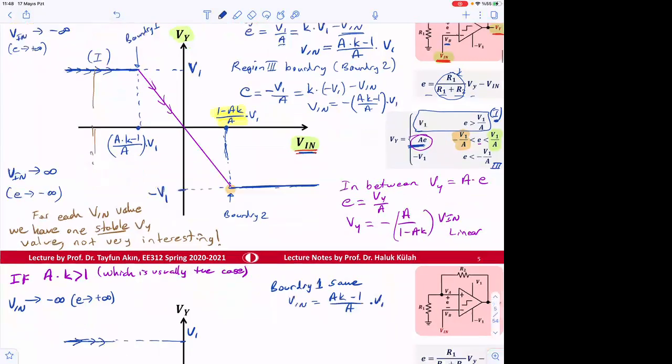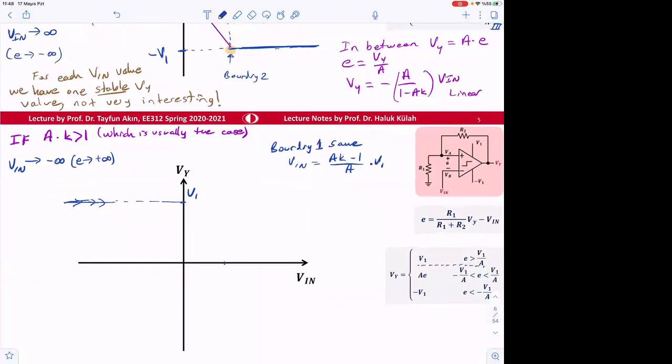But that value is going to be positive now. So that value is going to be here. So this is going to be AK. Maybe I should write it like this. This value is going to be AK minus 1 divided by A times V1. That means when you keep increasing this, up to here, nothing will change.